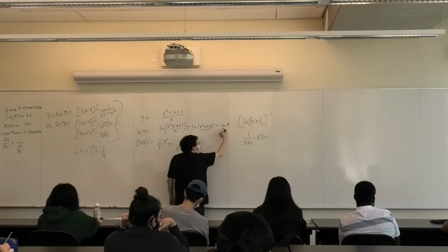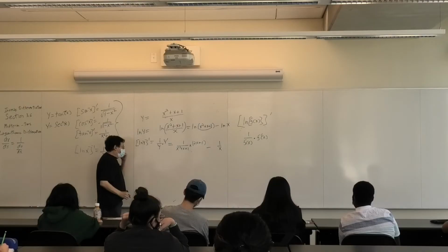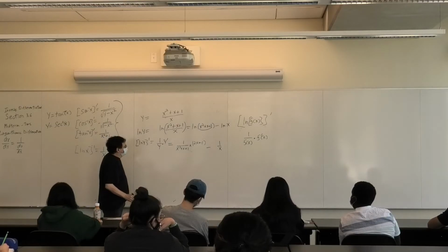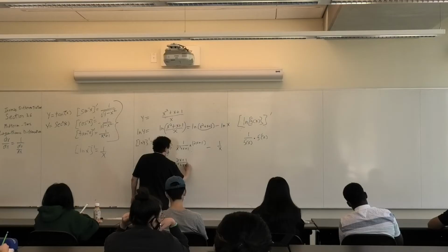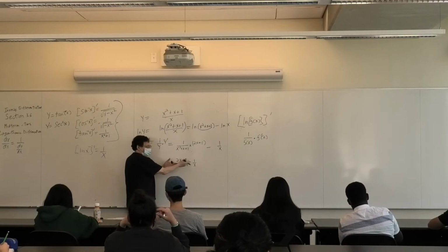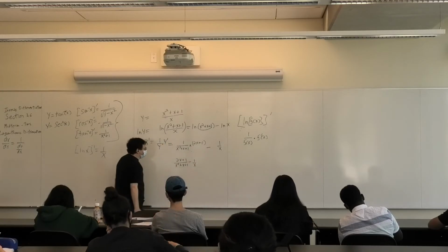And I already know the derivative of the log of x. Okay. Well, let me write that a little more. That's 2x plus 1 over x squared plus x plus 1 minus 1 over x. Combine, it doesn't matter.